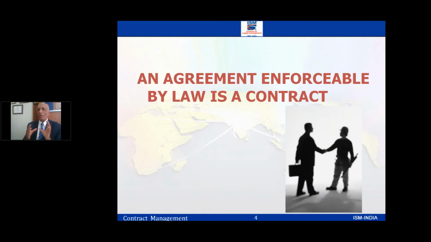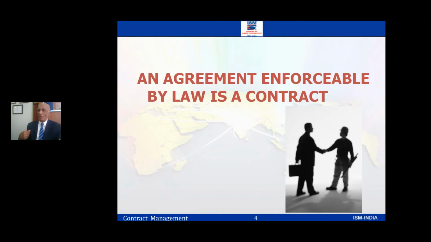So let's first understand what a contract is. Obviously, it's an agreement enforceable by law. If an agreement is not enforceable, say two friends say, okay, we'll meet together, that's only an agreement. It is not enforceable until those conditions of a contract are met, which we always say: there has to be an offer, an acceptance, and consideration.